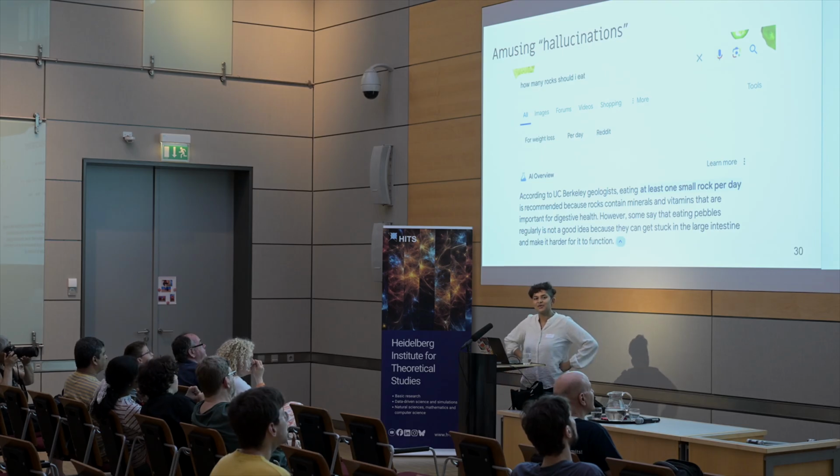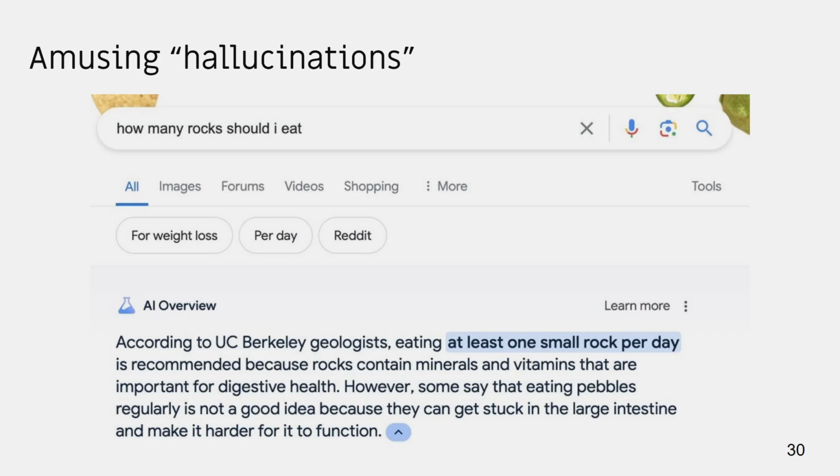On a less serious note, of course, there are lots of amusing what are called hallucinations by these language models. So one example that went viral was when a user asked Google how many rocks I should eat, and the Google summary said that UC Berkeley geologists said that you should eat at least one small rock per day. Now, this is obviously not true, and don't eat rocks. I feel like I have to say this because there are children in the room.